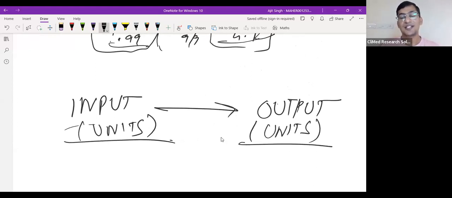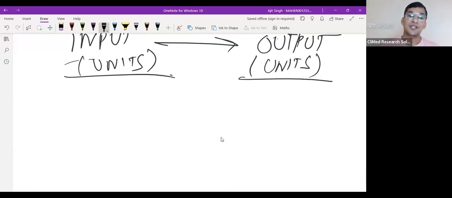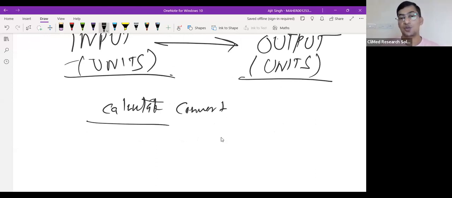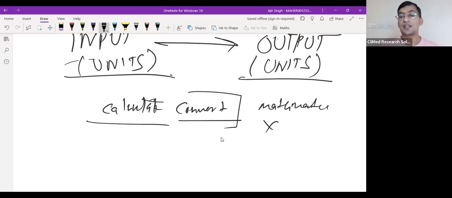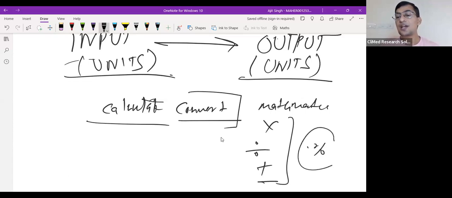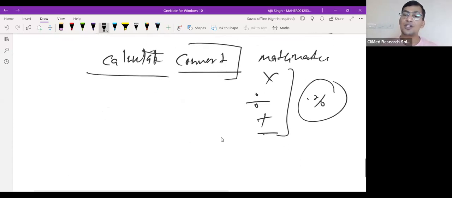But SPSS has the power to calculate the units. You can change or convert the data into different units. You can use mathematical formulas like multiply, divide, addition, anything, percentage. You can get any mathematical formula done in statistics.